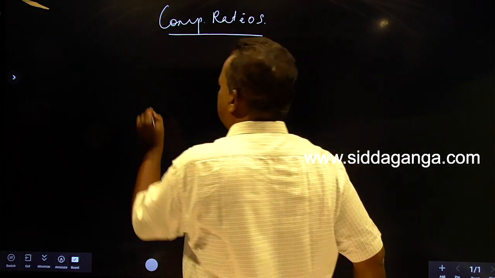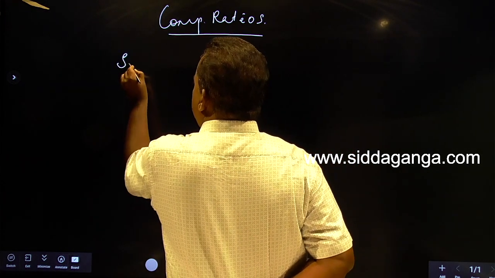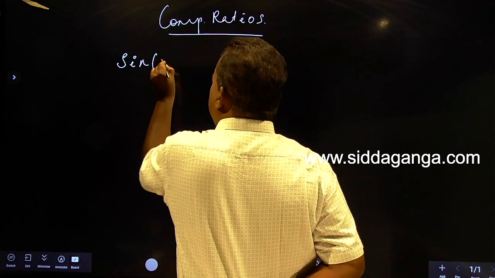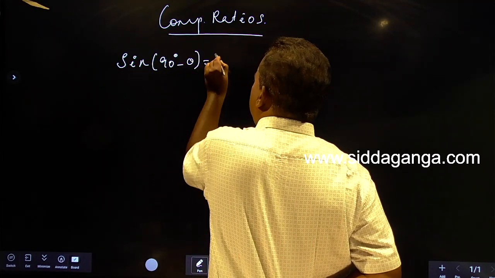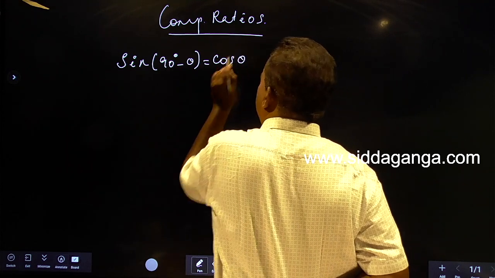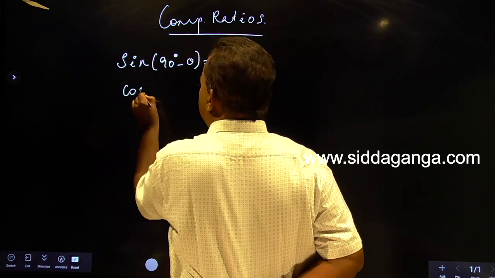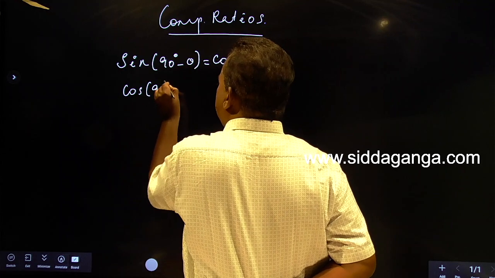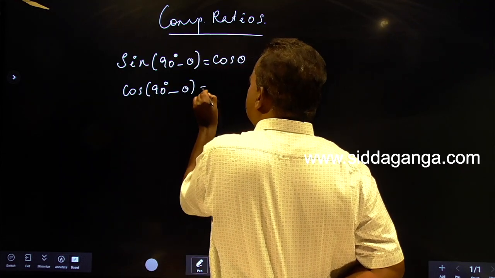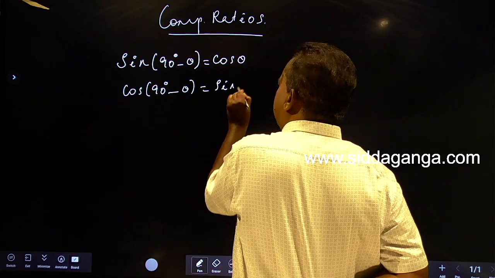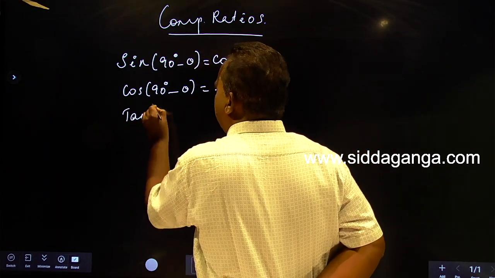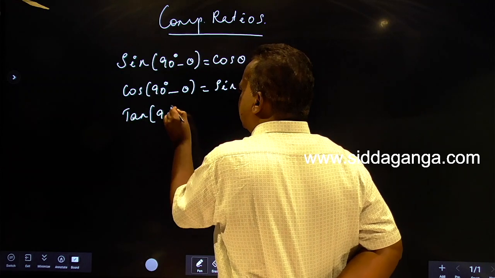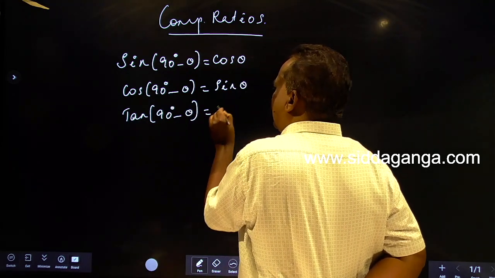See, sine of 90 minus theta is equal to cos theta. Cos of 90 minus theta is equal to sin theta. Tan of 90 minus theta is equal to cot theta.